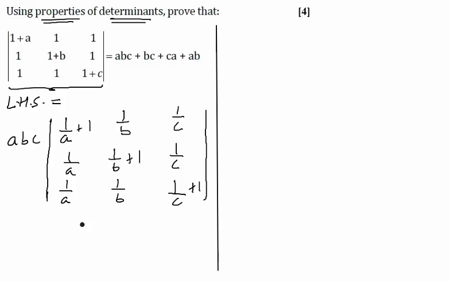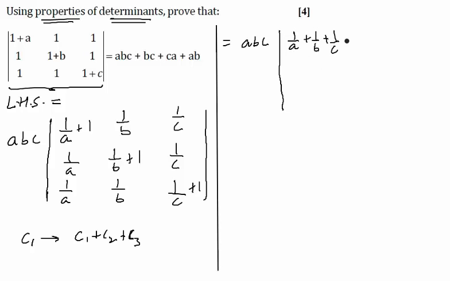Now I am using a very simple transformation where column 1 of this determinant goes to column 1 plus column 2 plus column 3. Alright, so what will happen? Now my LHS quantity will become ABC, and column 1 becomes 1 upon A plus 1 upon B plus 1 upon C plus 1.